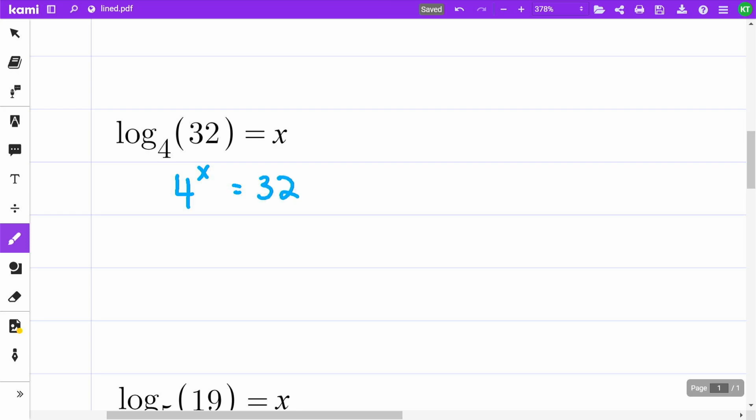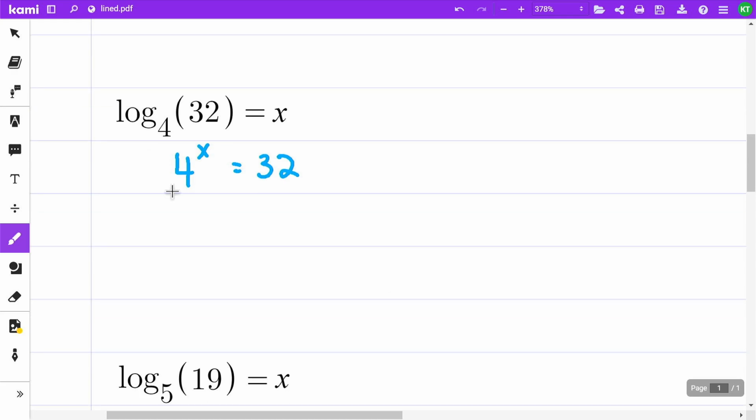Now, there's no integer that I can plug into x right here that would give me 32. So I'm going to convert this so that it will have the same base. And a base that 4 and 32 would both share would be 2. So I can rewrite 4 to the power of x as 2 to the power of 2 times x.